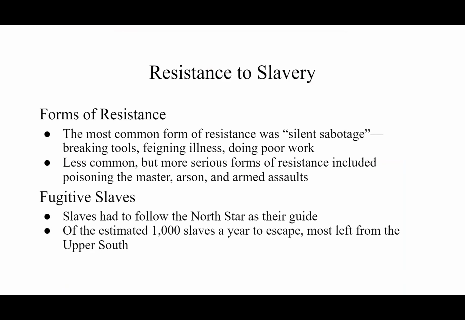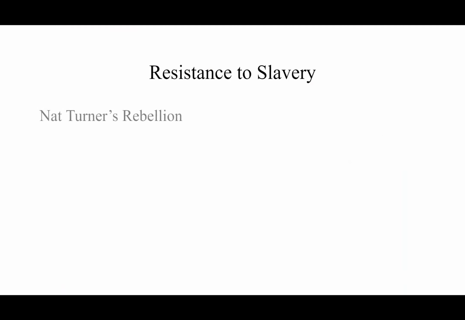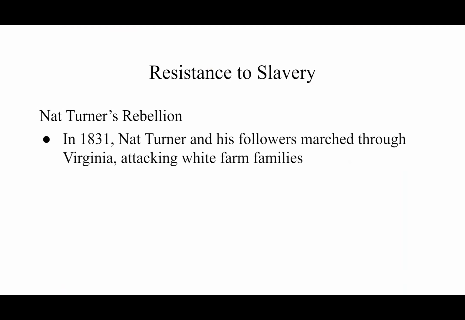Okay, so there was one big slave rebellion, Nat Turner's rebellion. I'm not going to go into a ton of detail about this, but Nat Turner led a rebellion in 1831. He ended up having about 80 followers that joined his rebellion, and they went on a rampage killing white women and children mainly because a lot of the men were out of town for a revival in a neighboring county.